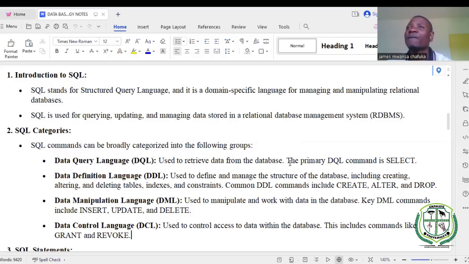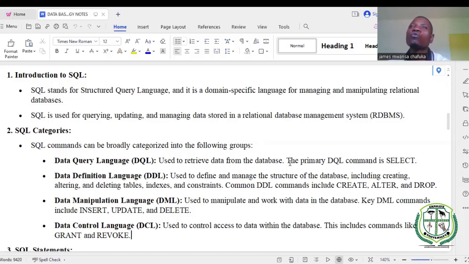This means that it's not everyone that is allowed to access data within the database. So in order to control who accesses the data within the database, that's where data control language comes in.